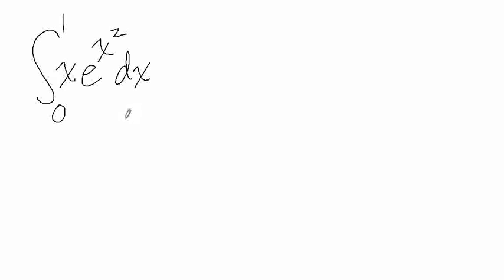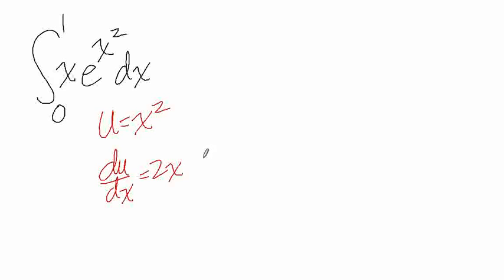Okay, so I'll go ahead and do it as well. I'm going to use u substitution with u equal to x squared. The derivative of u with respect to x is 2x. So the original problem can be expressed as the integral from 0 to 1 of e to the u du all over 2.